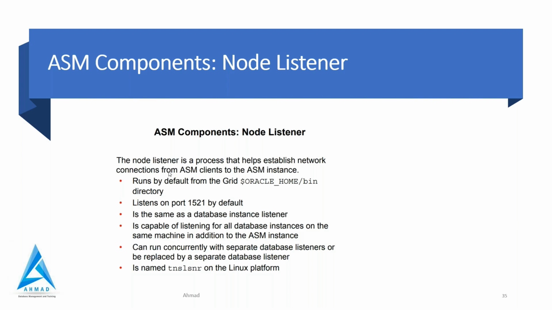That is the reason OLR comes into the picture, the Oracle Local Repository, which will tell about the disk related information. And after that your disk will be mounted. So it means your ASM instance will be mounted, and then your database instance will come into the picture. So in this way you can tell which one comes first and which one comes later.